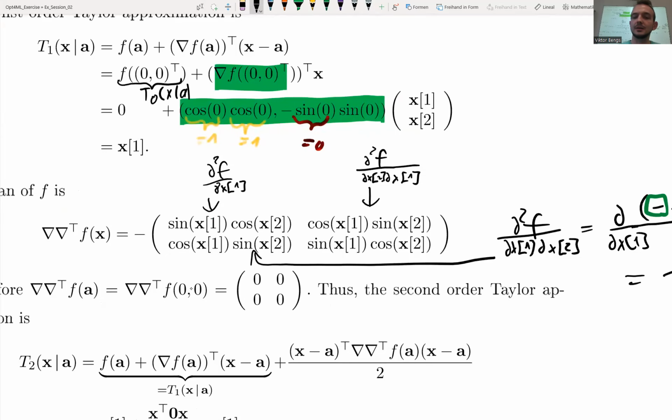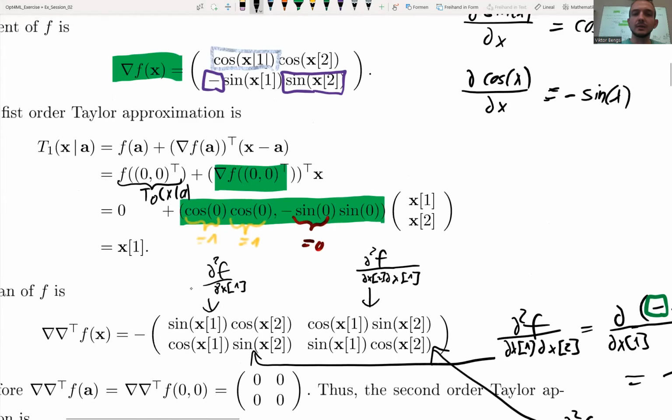So then this component here needs to be computed. It's the one where we take the derivative 2 times with respect to the second component. And here, same procedure essentially, but we only flip the sine to a cosine for this x2 component.